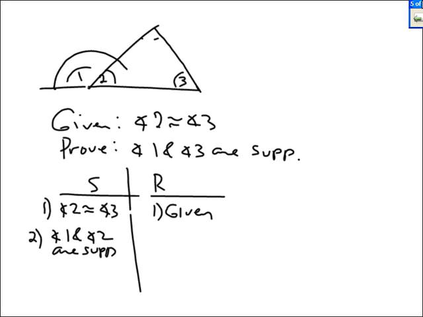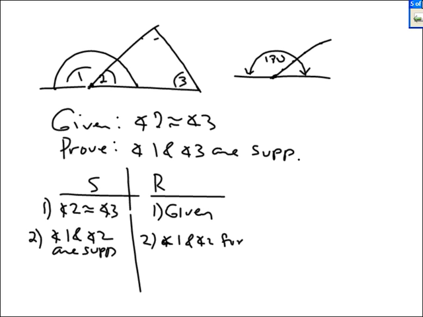Remember, a straight angle is 180 degrees. Whether you put in another line or not, that angle is 180 degrees. And if it's 180 degrees, they're supplementary by definition. Angle 1 and angle 2 form a straight line.